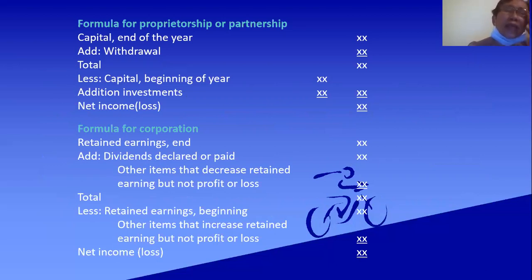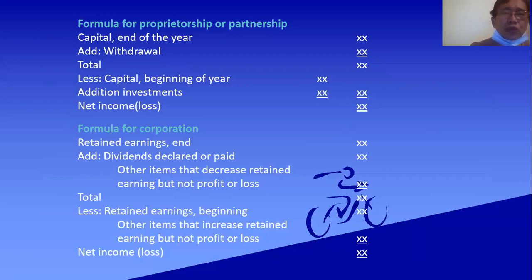We have the capital at the end of the year, then we add withdrawals, total, we deduct capital at the beginning of the year, and we deduct whatever additional investments. So the difference is net income if the upper total exceeds the lower total.